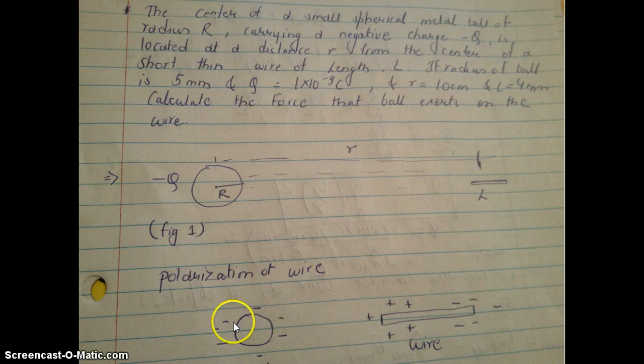Since the ball has uniform negative charge, it causes the polarization of the wire, and since negative charge attracts positive, this side contains the positive charge and this side contains the negative charge.